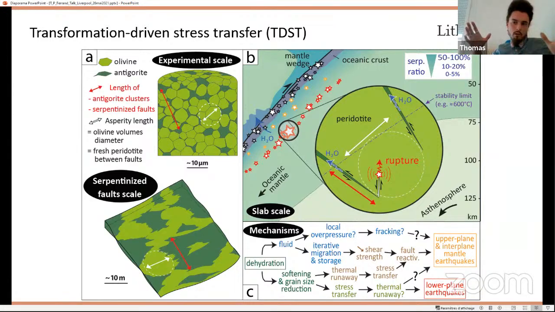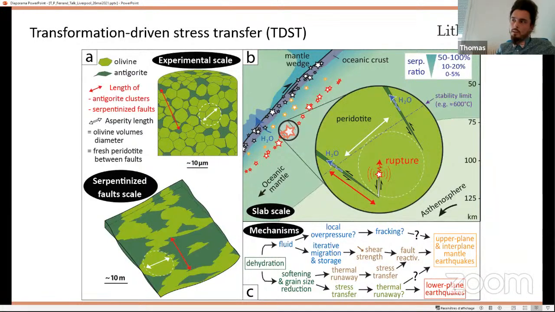All of them are populations of antigorite and olivine, plus, of course, some more complexities, but at first order. And you can define these asperity lengths around the serpentinized faults and also in between the serpentinized faults. So yeah.